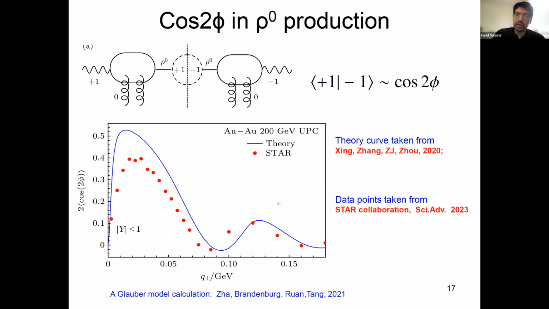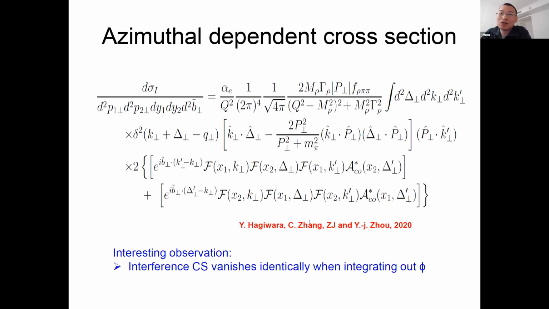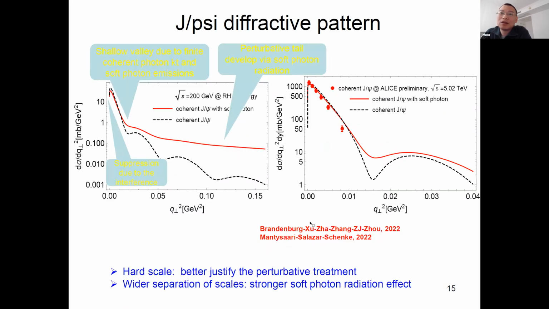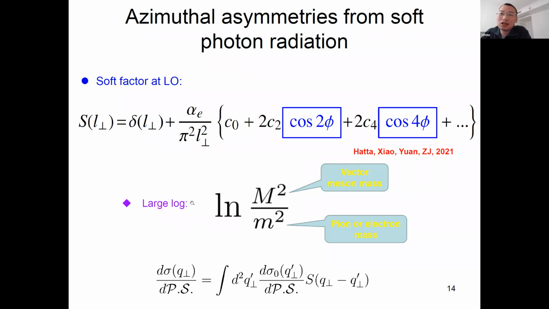Because in principle, these charged pions can also radiate. Here we didn't, because this log is not so large for rho zero production, so the QED correction is negligible. There is a rho mass and there is a pion mass, so it's not a large log. But for J/psi case, we have to include the QED correction.